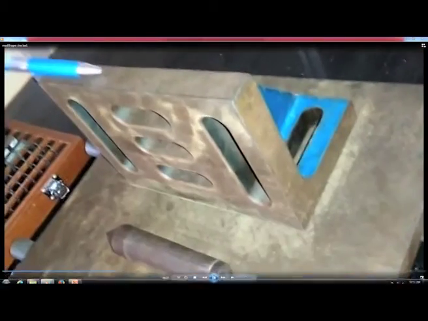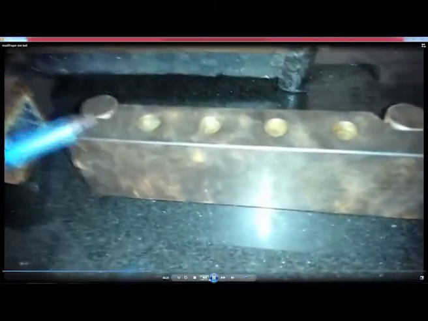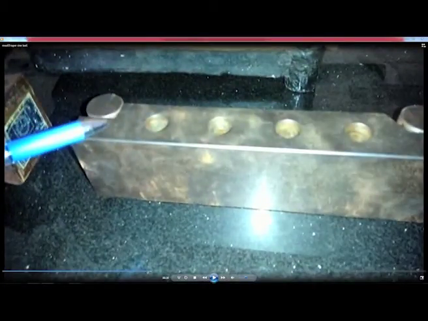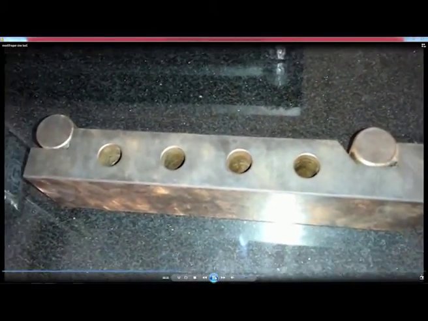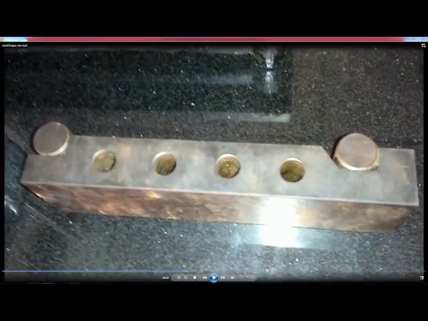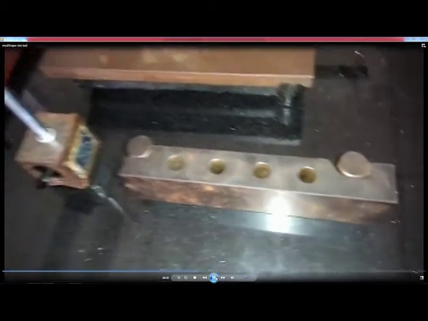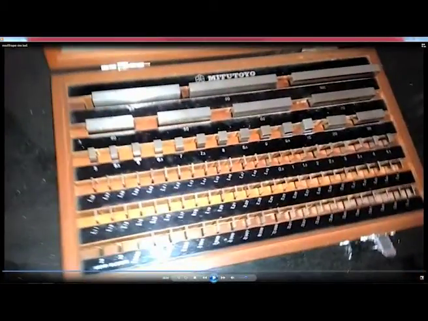Angle plate, the top surface of this is the top surface of the sine bar, and this is the side surface of the sine bar. You can see the relief holes. We have the slip gauge box.